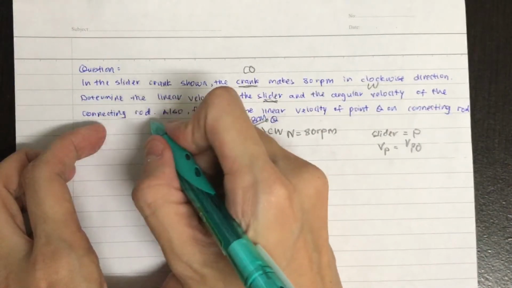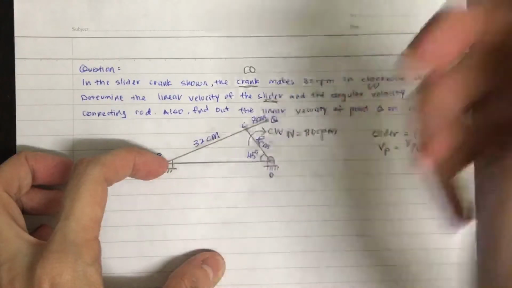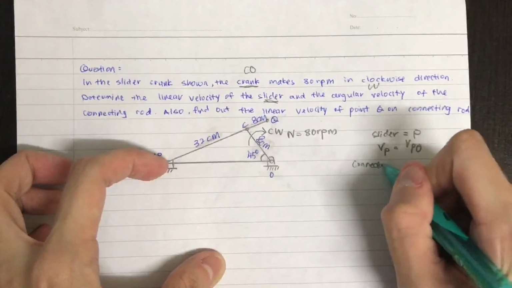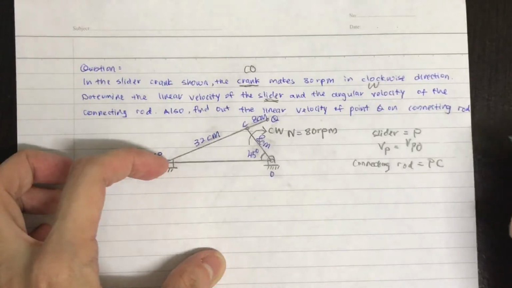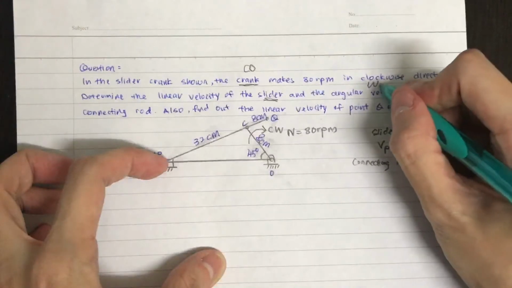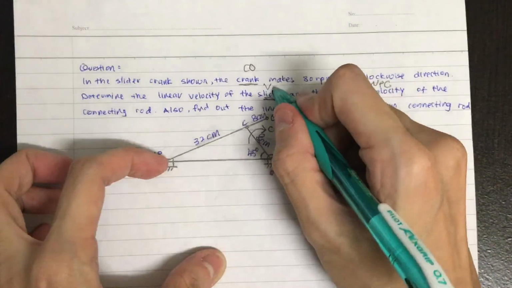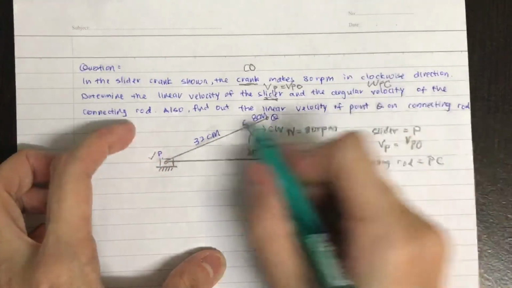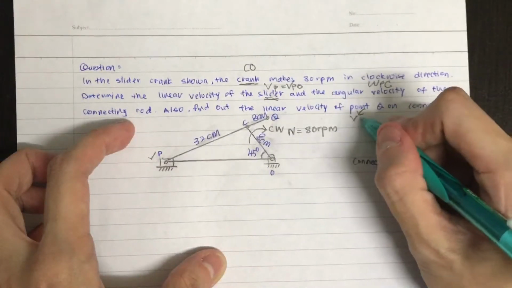Later we can find omega PC from the tangential velocity of PC. Next is the velocity at Q, which is VQO, relative to the origin O.